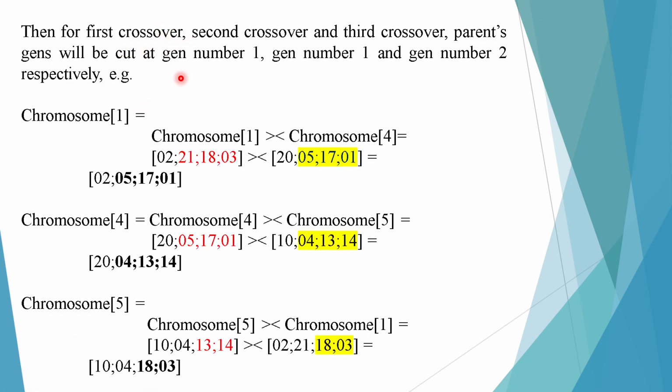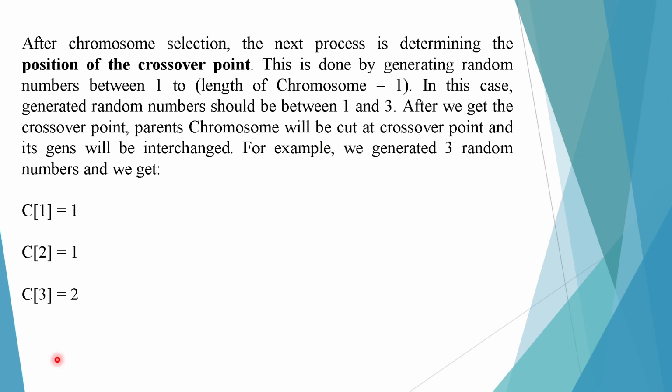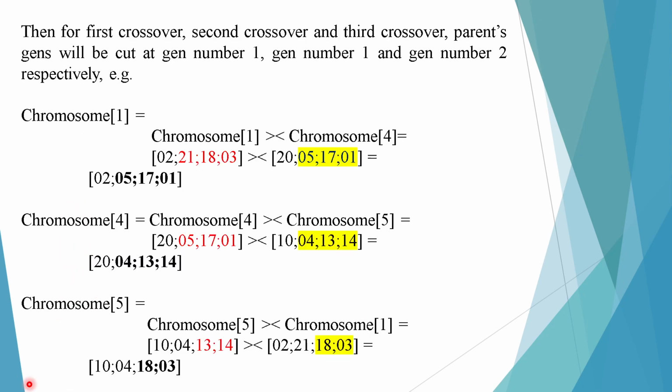Then for the first crossover, second crossover, and third crossover, remember chromosome 1 with 4, 4 with 5, 5 with 1 back. It got those 3 random numbers, 1, 1, 2.